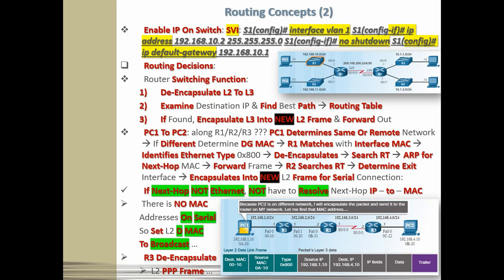Since the exit interface is a directly connected Ethernet network, R3 must resolve the destination IP address of the packet to the destination MAC address by either finding it inside the ARP cache memory or sending out an ARP request.